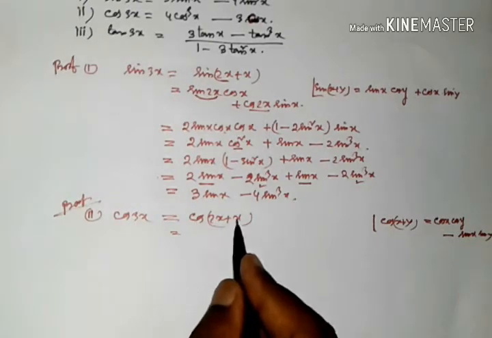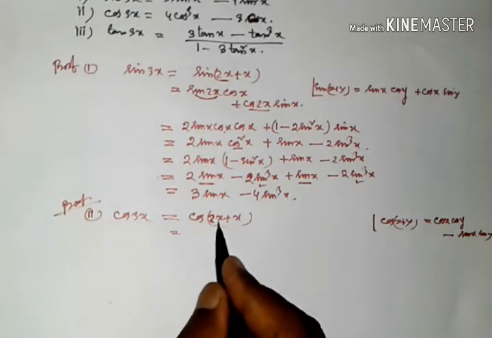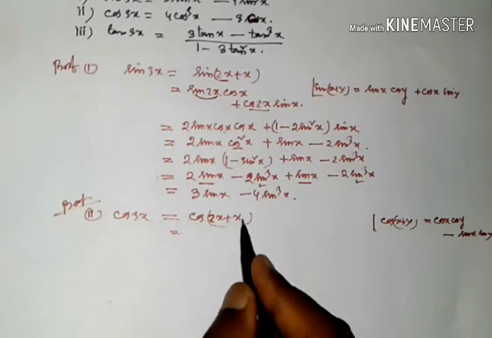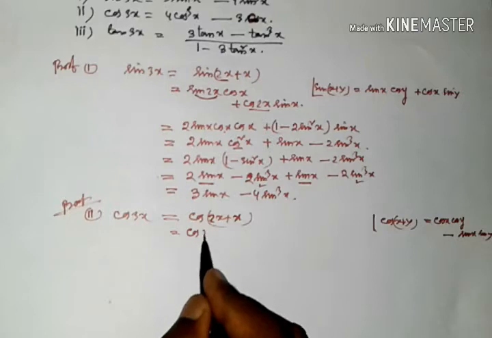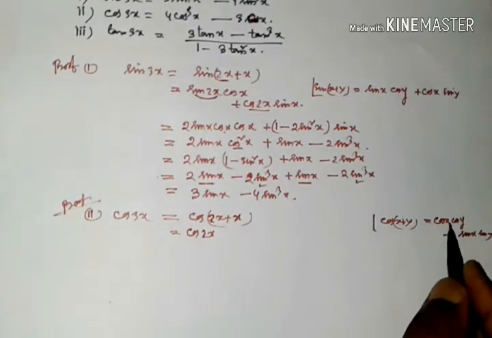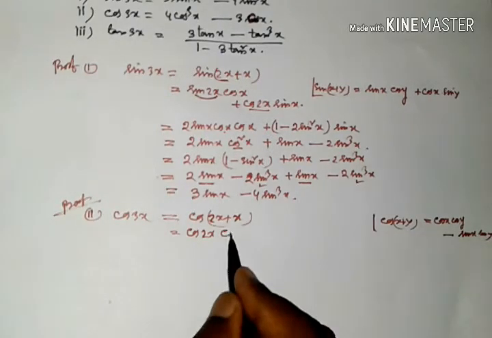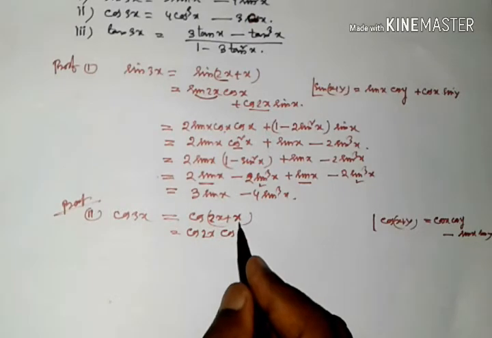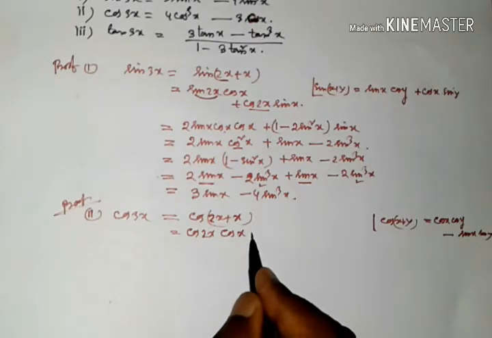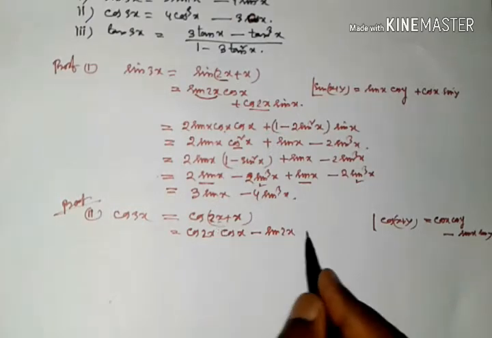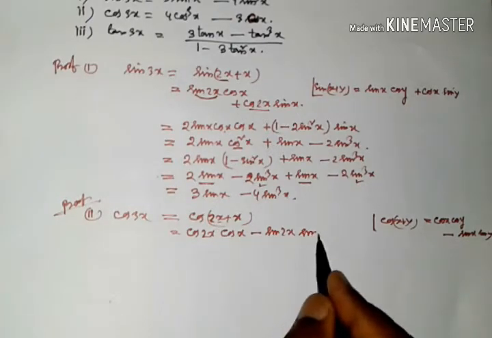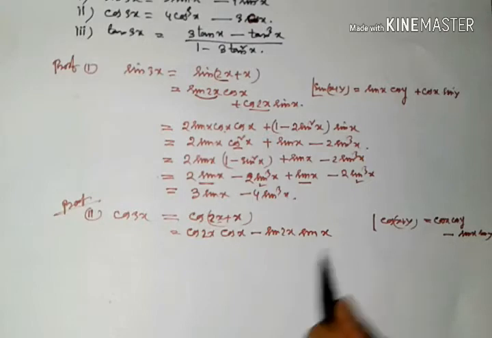We consider 2x as x and x as y. Now we get cos 2x cos x minus sin 2x sin x.